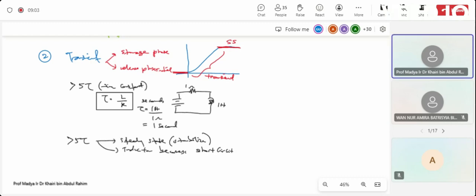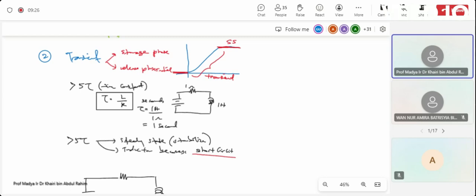Okay, so if you have a circuit, okay, this is voltage supply, and you have inductors.